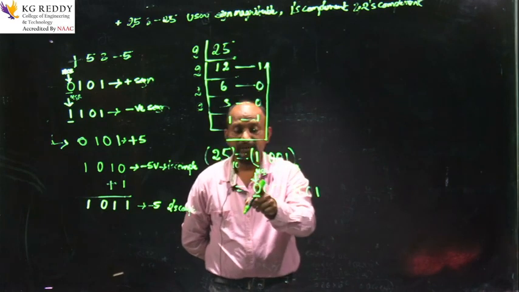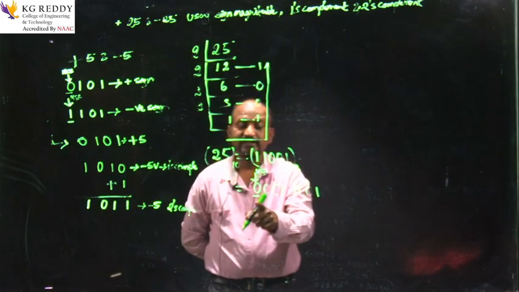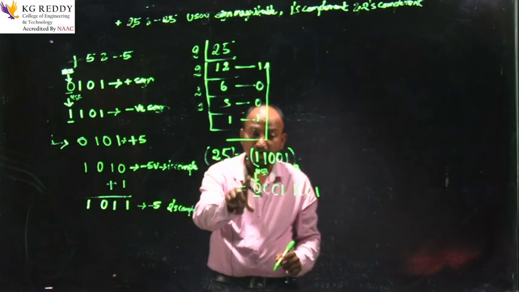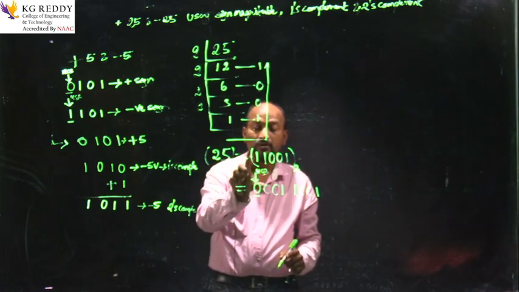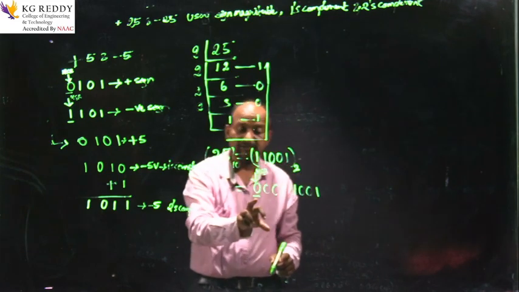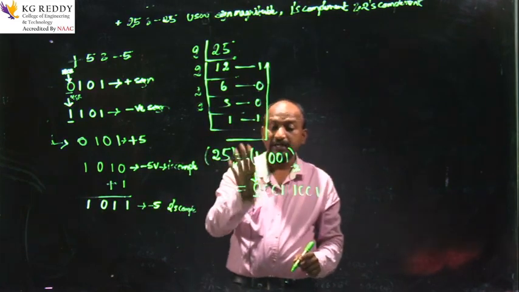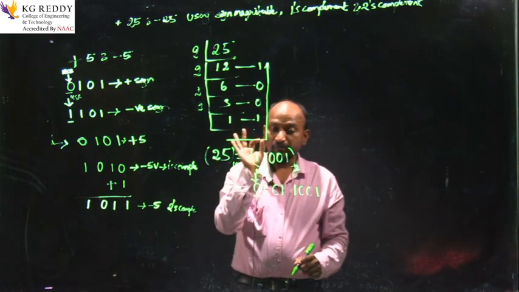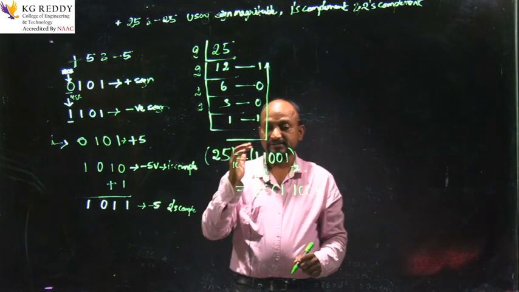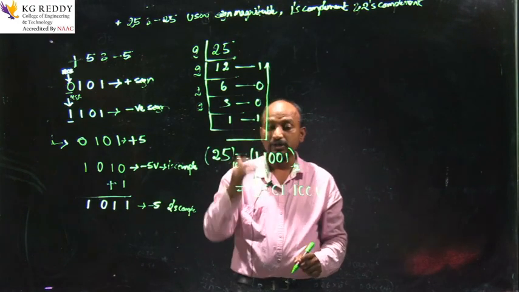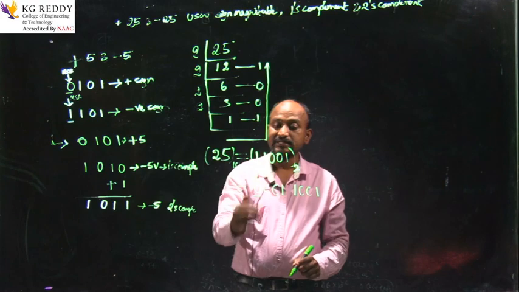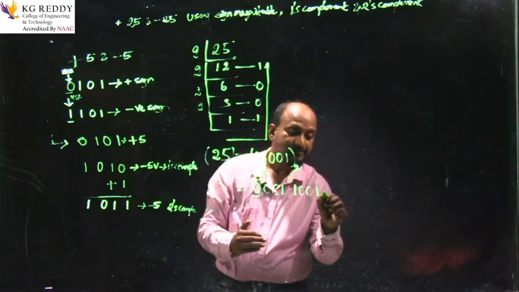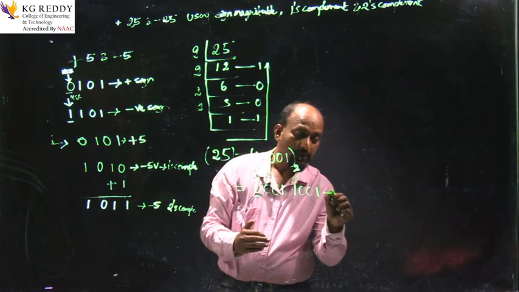If the most significant bit is 1, it is called a negative value. This most significant bit should not be taken into consideration as a quantity. It is assigned only from the sign point of view, to tell whether it is a positive sign or negative sign. So this is the answer for positive 25.